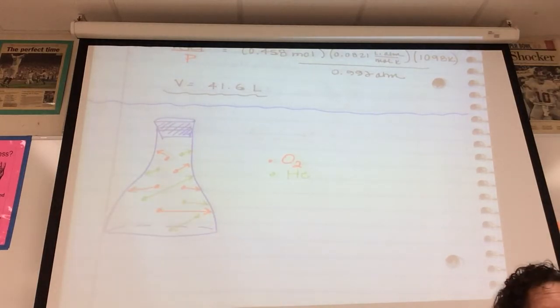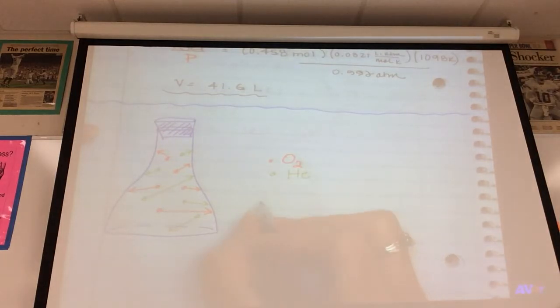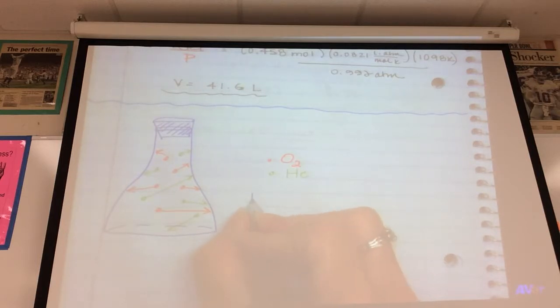When the molecules move around and collide with the walls of the container, they will exert pressure on the walls of the container. And when you have a mixture of gases, the total pressure that all the gases exert is equal to the sum of the partial pressures. This is known as Dalton's law of partial pressure.